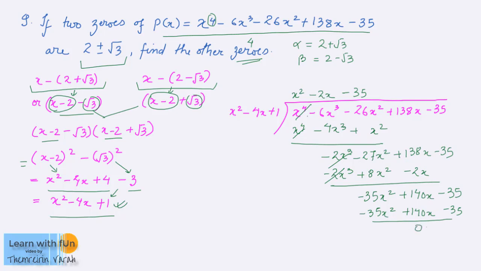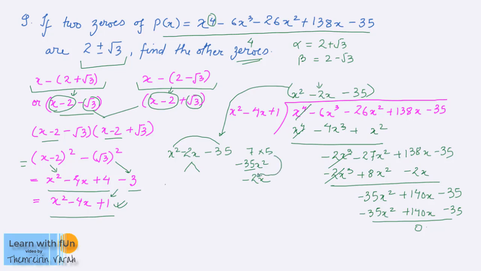0. Okay, so x square minus 2x minus 35 is a quadratic polynomial. We factorize by splitting the middle term. Multiply to get minus 35x square, and the sum is minus 2x. 35 can be written as 7 times 5, and 7 minus 5 is 2.